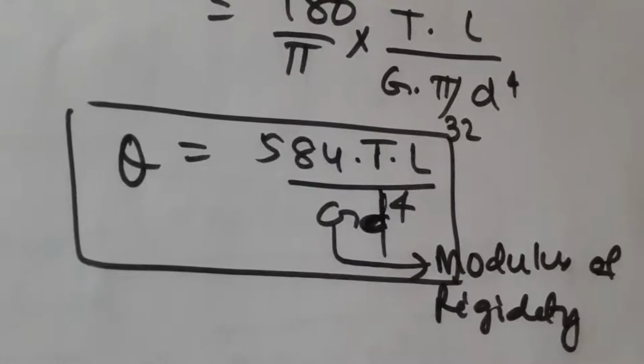The permissible angle of twist for machine tool application is 0.25 degree per meter length. For line shaft, it is 3 degree per meter length.